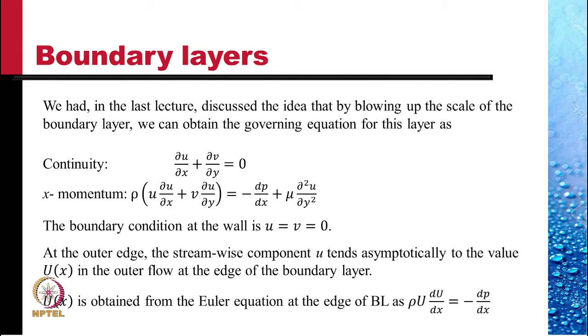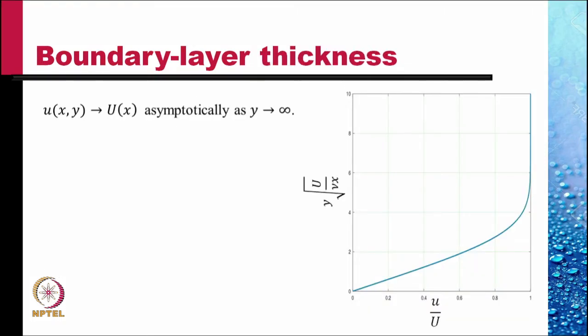Capital Ux is obtained from the Euler equation at the edge of the boundary layer as ρ U dU/dx = −dp/dx. You notice here that the streamwise velocity component u(x,y) tends to capital Ux, the velocity at the edge of the boundary layer, asymptotically as y tends to infinity.